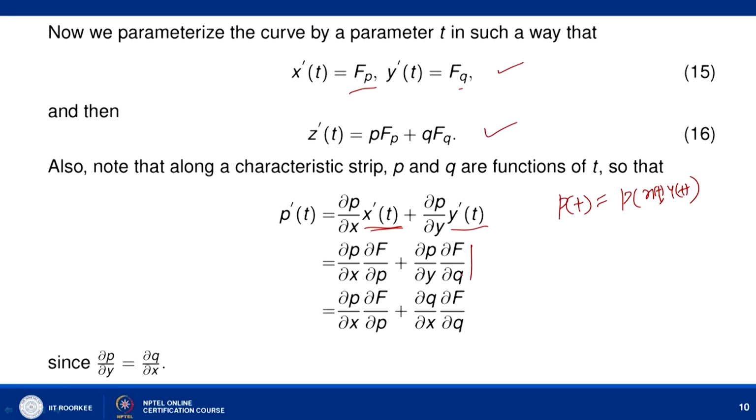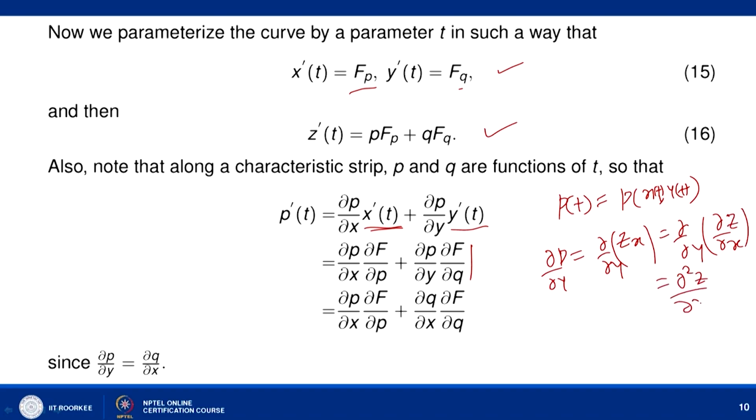Now, here we are using that del p by del y is basically del by del y of p, and p is basically z_x, that is del by del y and del by del x of z, and you can write this as del 2z by del y del x.